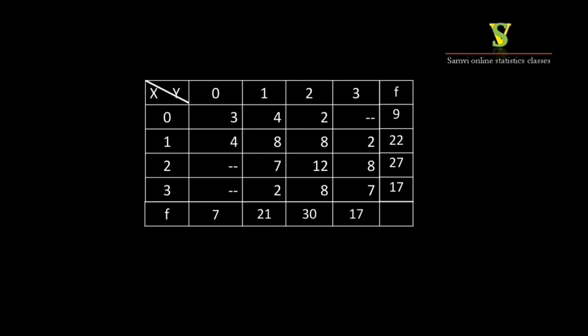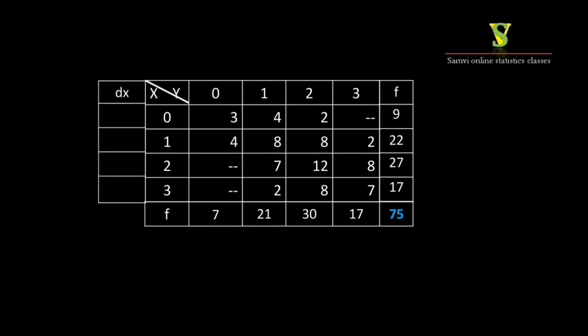Now you have to find out the grand total, row wise total as well as column wise total. So if I take the total, it is exactly going to be 75. This is nothing but n. Understood? Once you calculated f, next step is finding dx and dy.